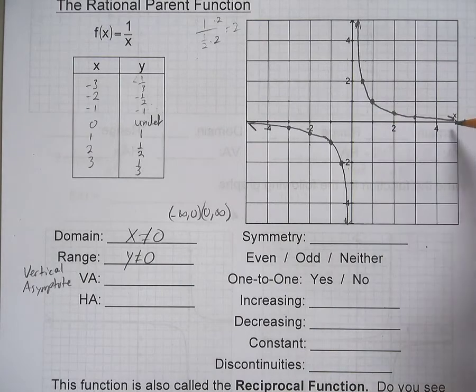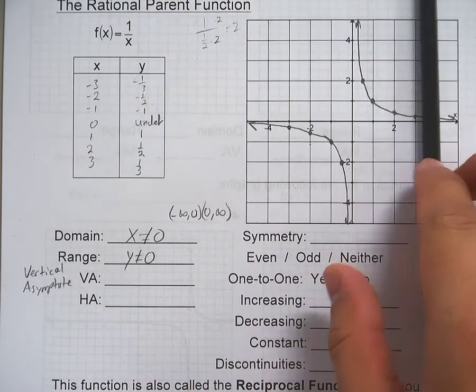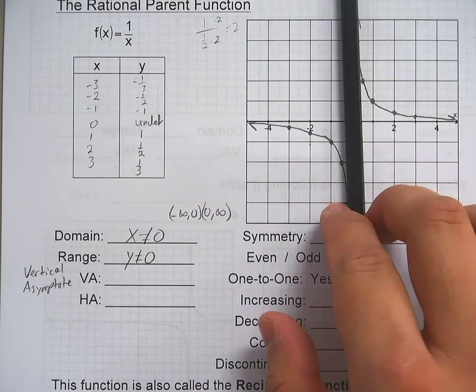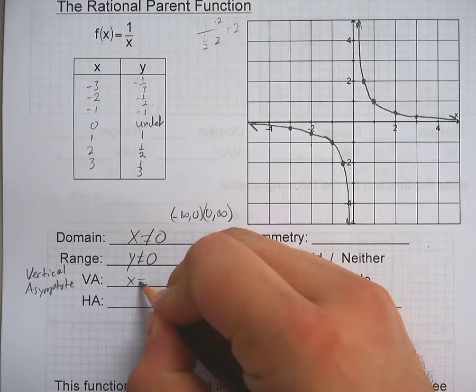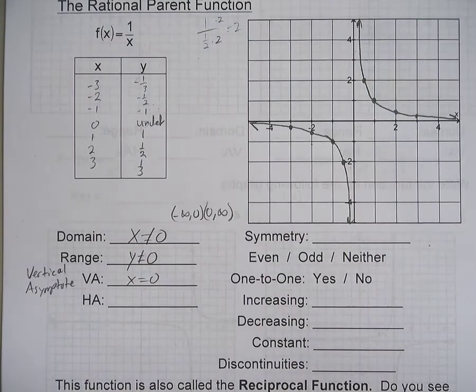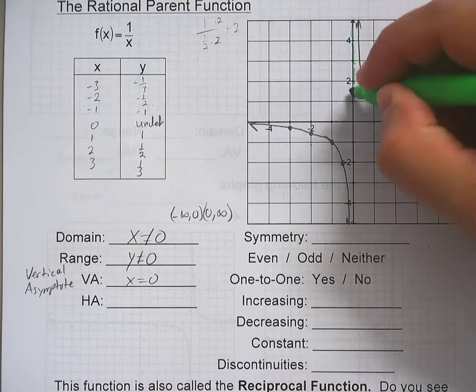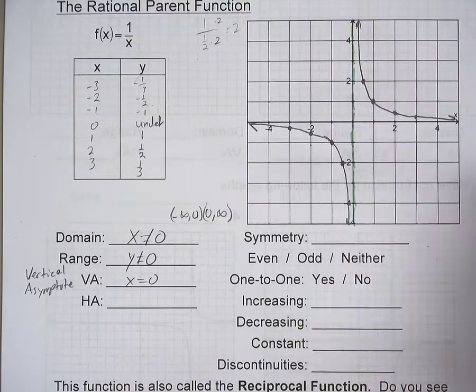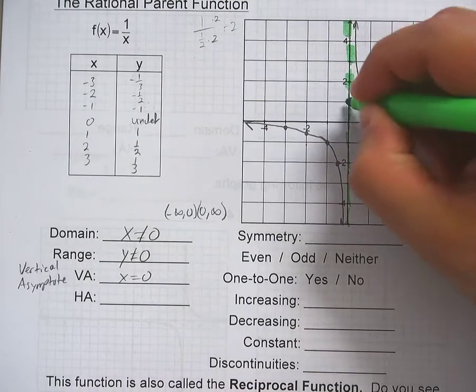In this case, they're measured with x, so the only place that we can't touch is going to be 0. So my vertical asymptote is x equals 0. A way that you can think about an asymptote is as a line you can't touch.